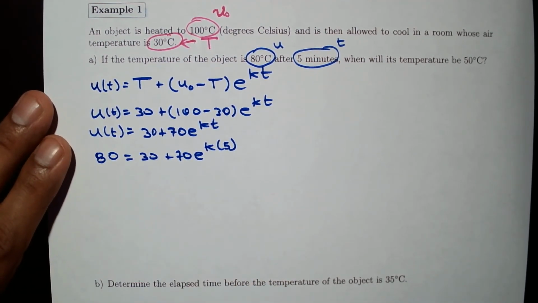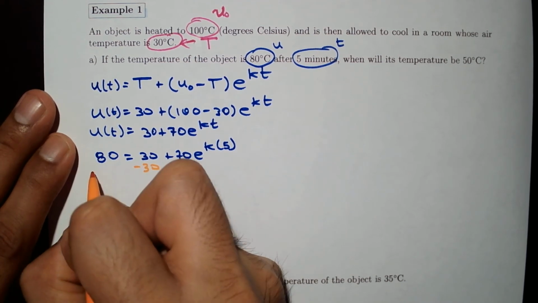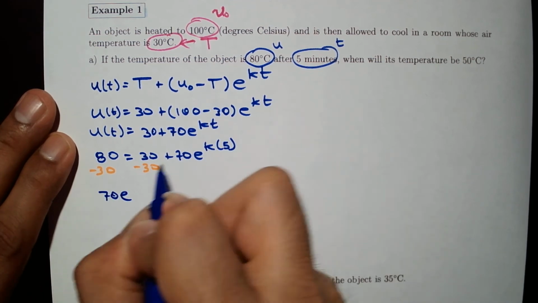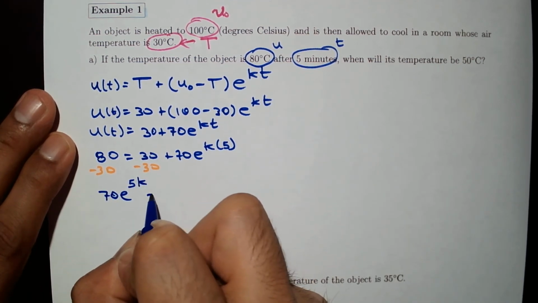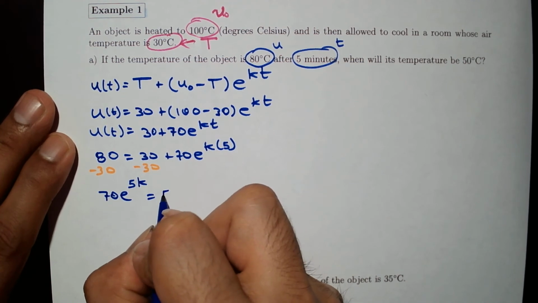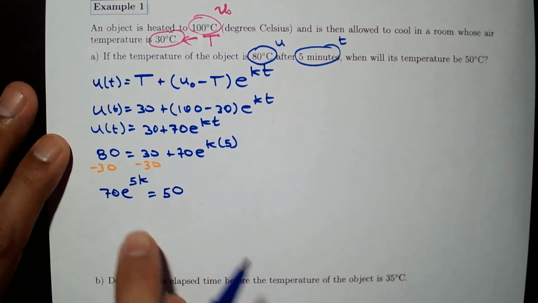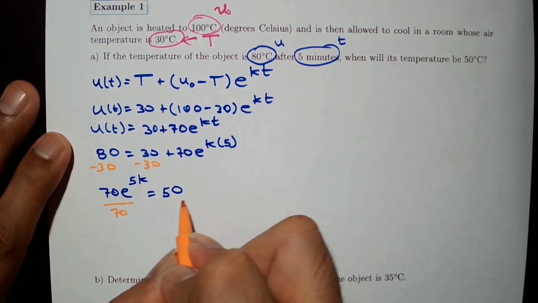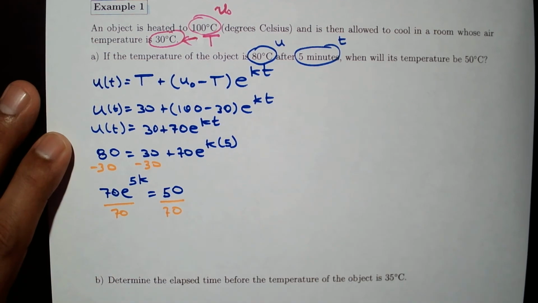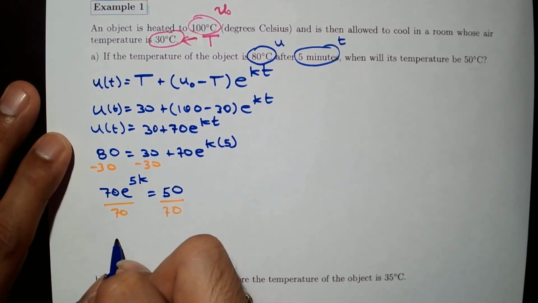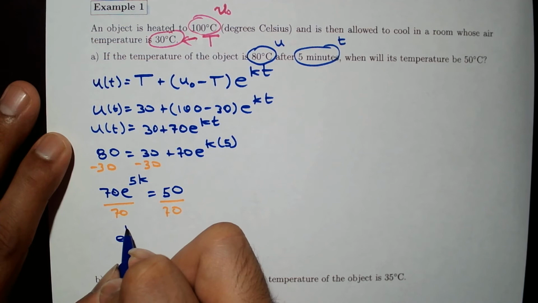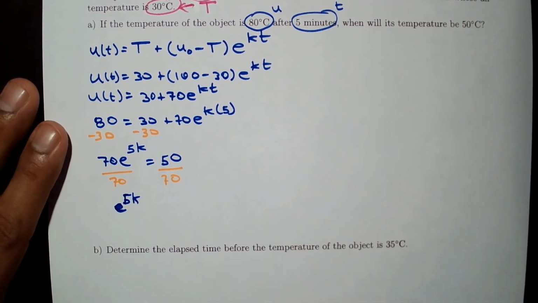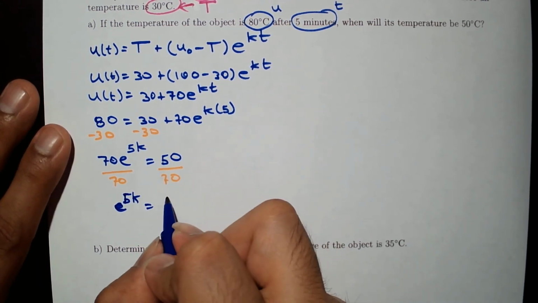So I'm going to subtract 30 and get 70 e to the 5k equals 80 minus 30, that's 50. And then I'm going to divide by 70 on both sides, and e to the 5k equals 5/7.